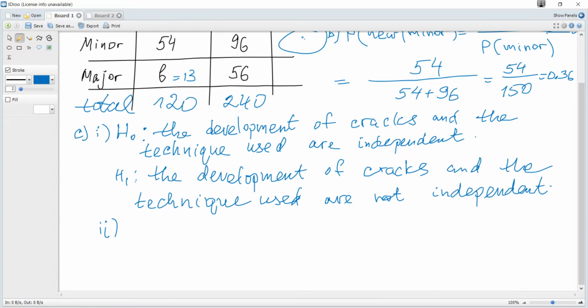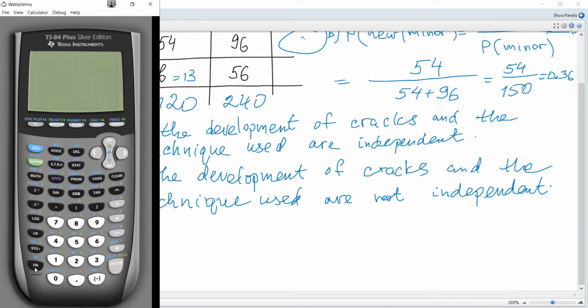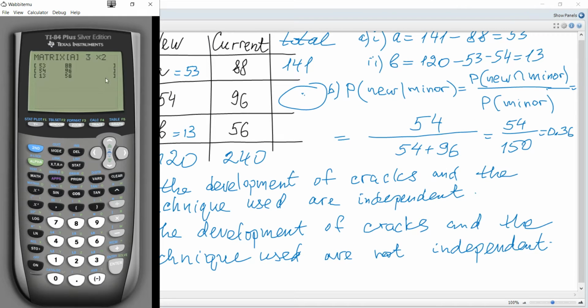For a test for independence, we use matrices, and we choose edit matrix A, and we just enter these values, you can see, and then tests, and we need just chi-squared, not this but this, and you can see observed A, expected.